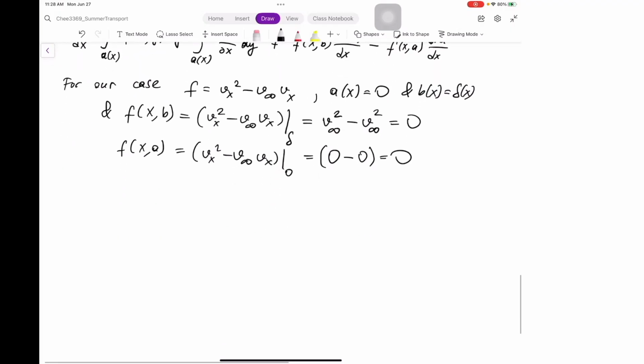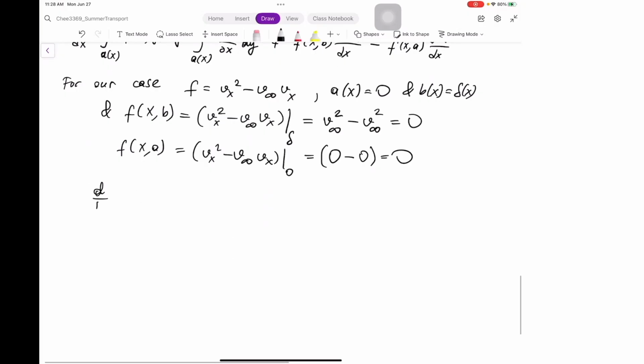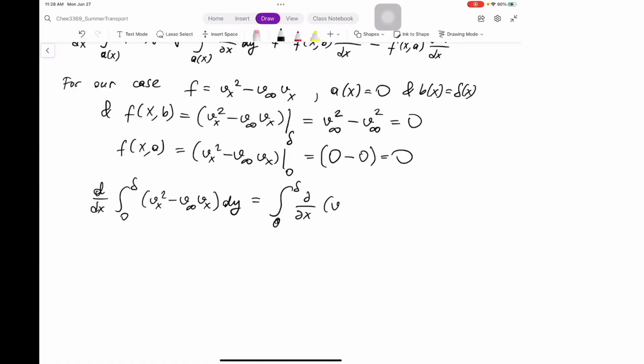So for our case, d over dx of the integral from 0 to delta of Vx squared minus V infinity Vx dy is going to be equal to the integral from 0 to delta of del over del x of Vx squared minus V infinity Vx dy.